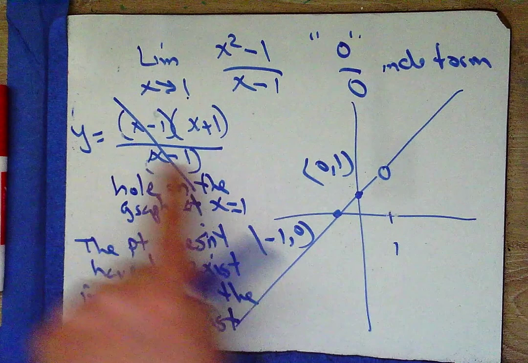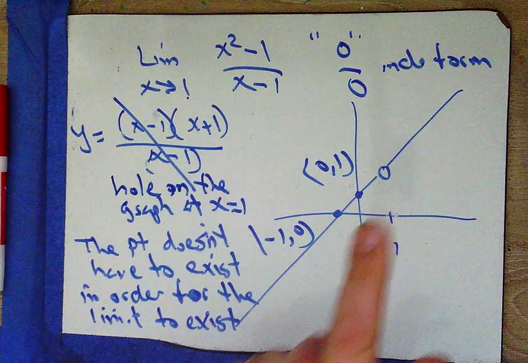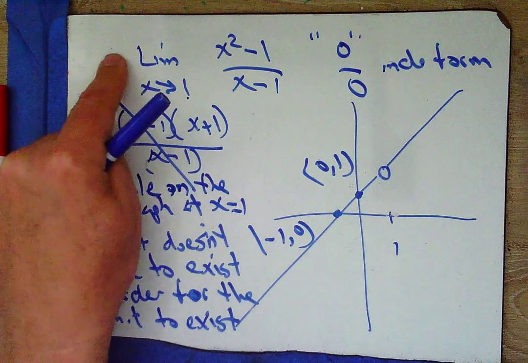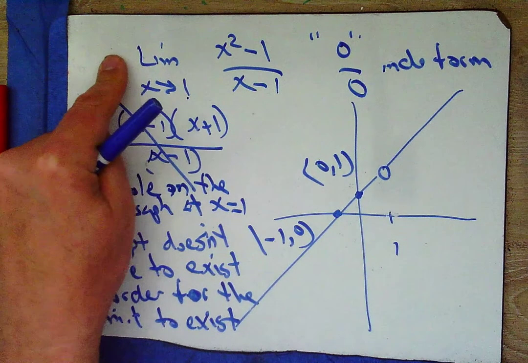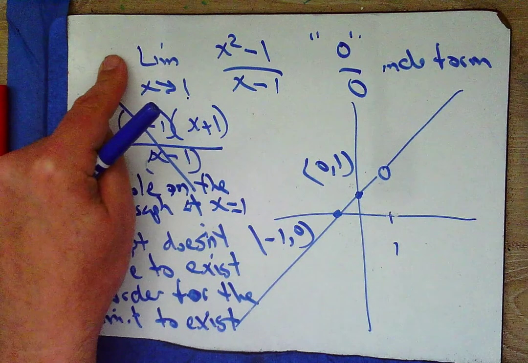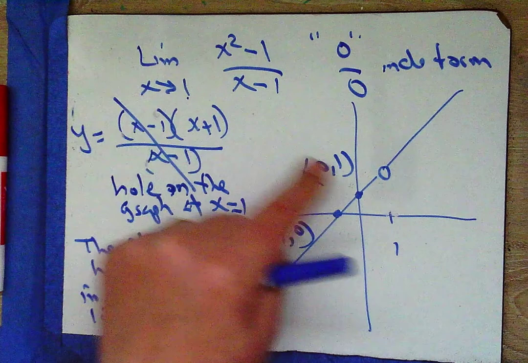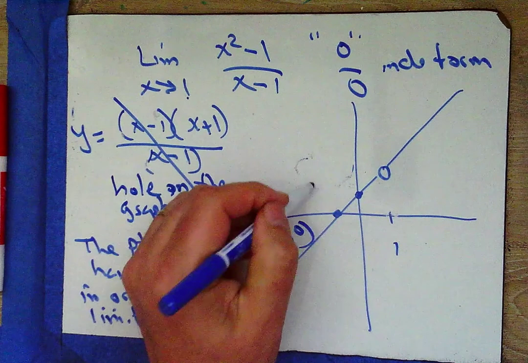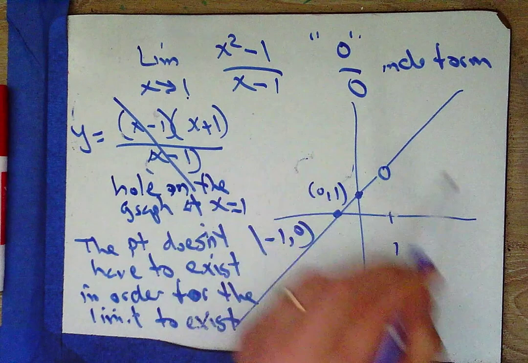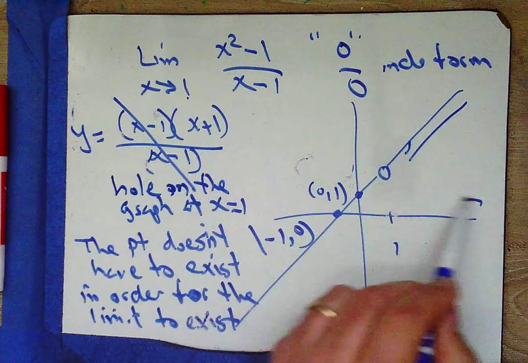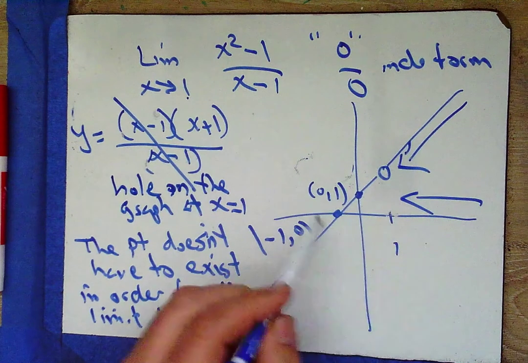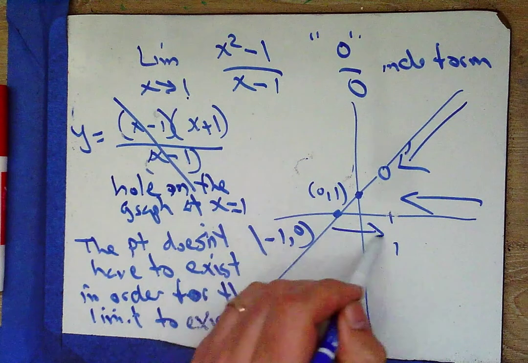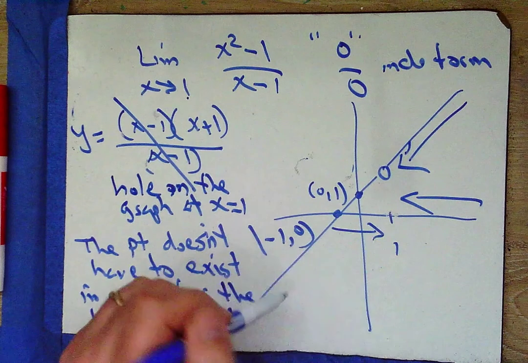This is undefined at x equals 1. But that doesn't mean the limit doesn't exist. Remember, we're saying, what y value are we approaching as x heads towards 1? Well, what value are we approaching as x heads to 1 from this way? And what y value are we getting when x approaches 1 from this way?